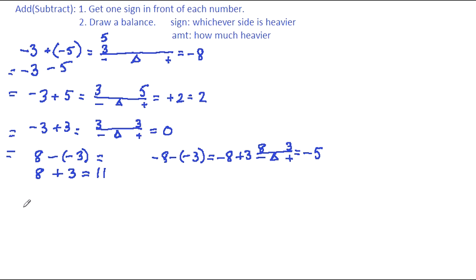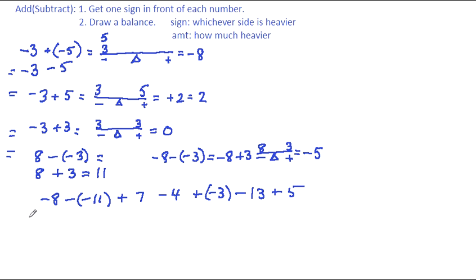All right, we can also use this to do a really long problem, like -8 minus a -11 plus 7 minus 4 plus a -3 minus 13 plus 5. And it's not that hard.